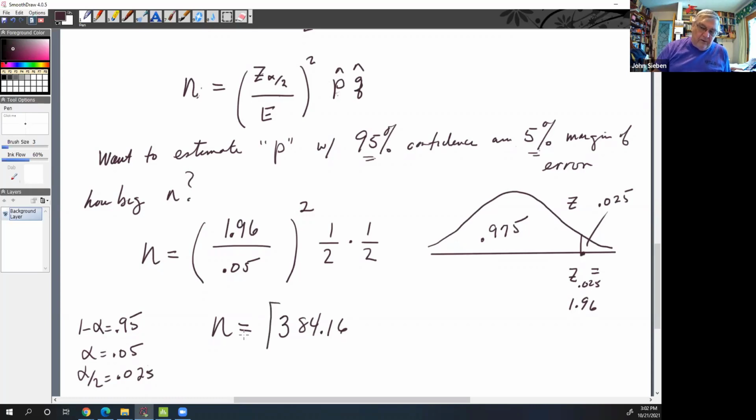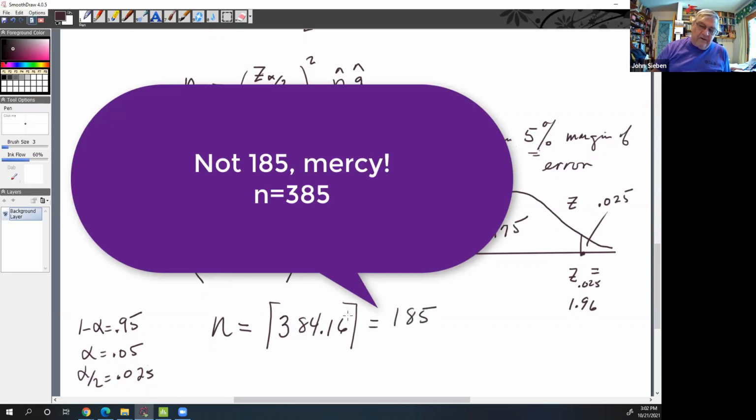And so if we're solving for n, we use the ceiling function, which gives us 385. The ceiling function just says round up. So again, that's in the conservative direction.